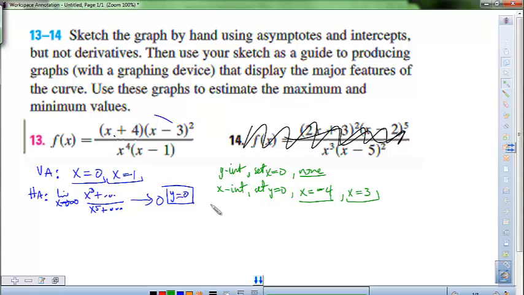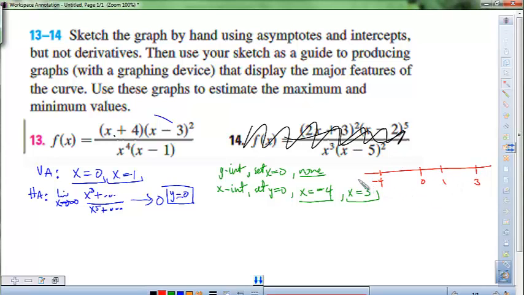So now that we have our intercepts and vertical asymptotes, we also know that we have a horizontal asymptote. But let's focus on the vertical asymptotes and the x-intercepts. So these are the points that are dancing around your x-axis: -4, 0, 1, and 3.